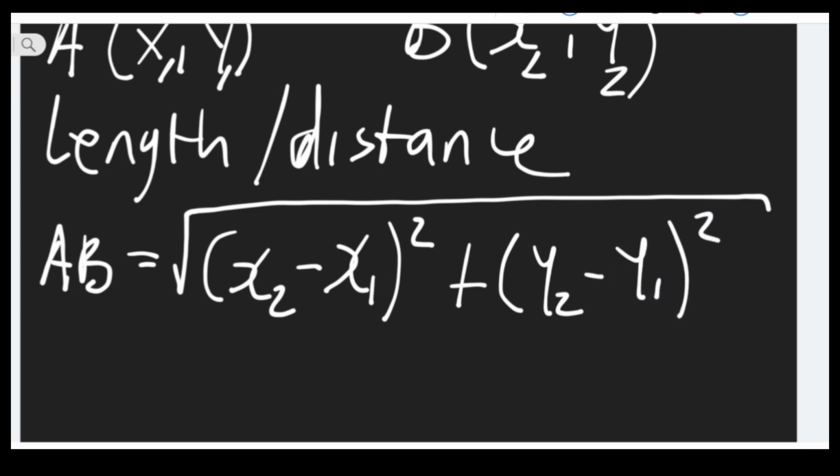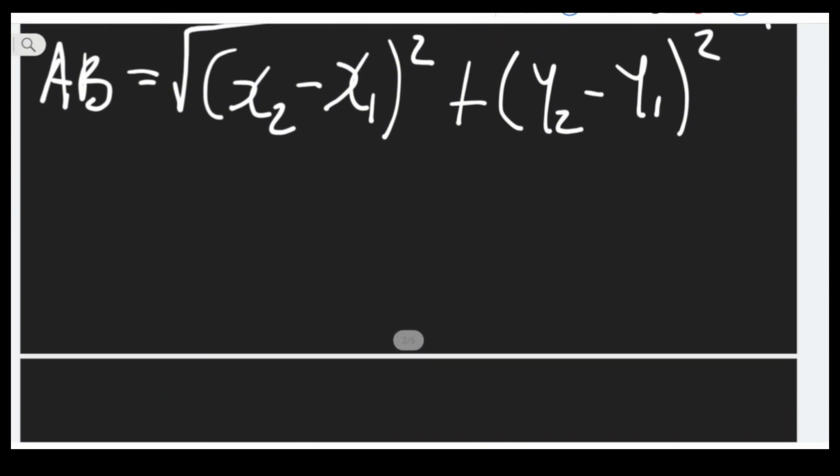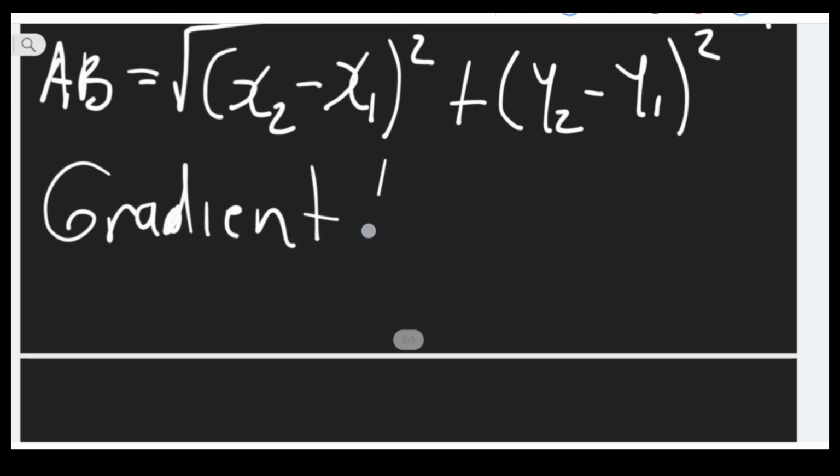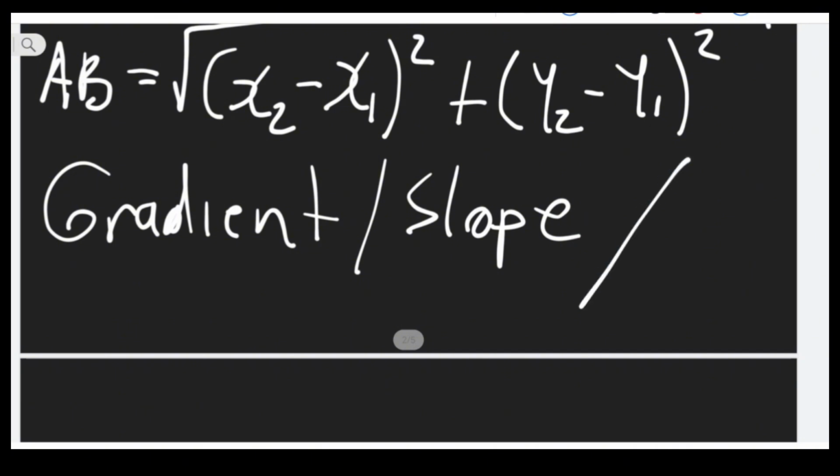That's the distance formula. And then if you are requested to find the gradient or slope, gradient is the slope, how steep the object is. When the gradient is going up, it's a positive slope. When the gradient is going down, it's a negative slope.